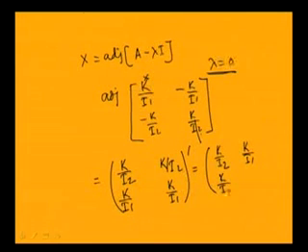So, you note from this that the first column contains k by I2 and k by I2, and the second column contains k by I1 and k by I1. If I normalize, this x is nothing but your theta 1 and theta 2, that is the amplitude of theta 1 and theta 2, or x1 and x2.